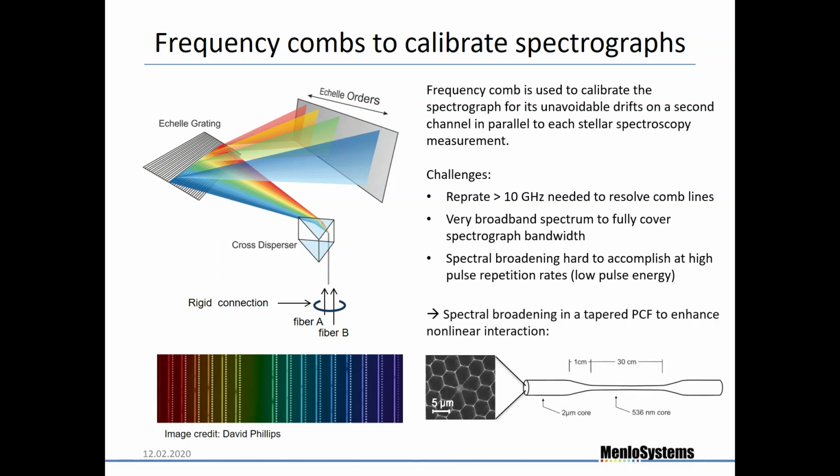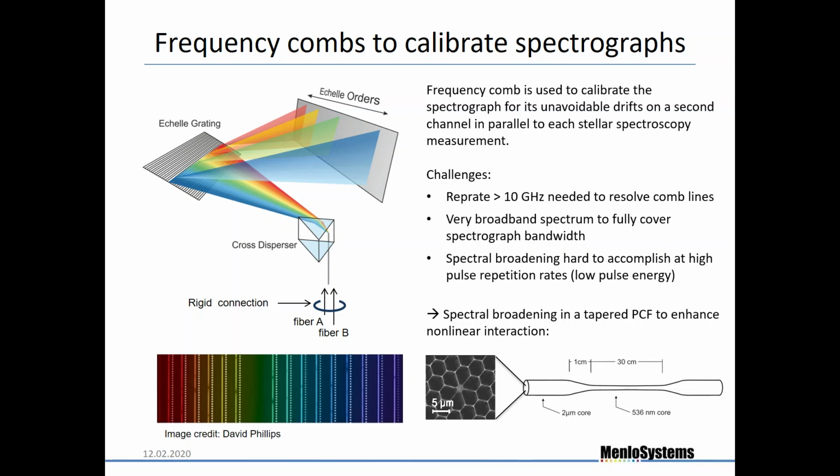And therefore, for spectral broadening, we use tapered PCF, which allows us to enhance the nonlinear interaction in the tapered fiber section. At Menlo Systems, we develop such frequency combs for astronomical applications, and we broaden them in tapered photonic crystal fiber.